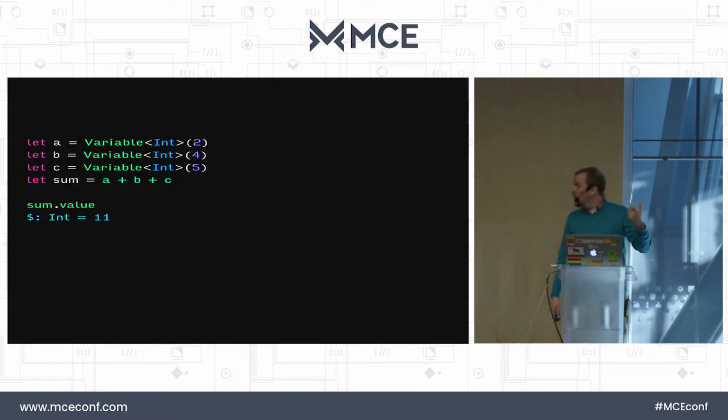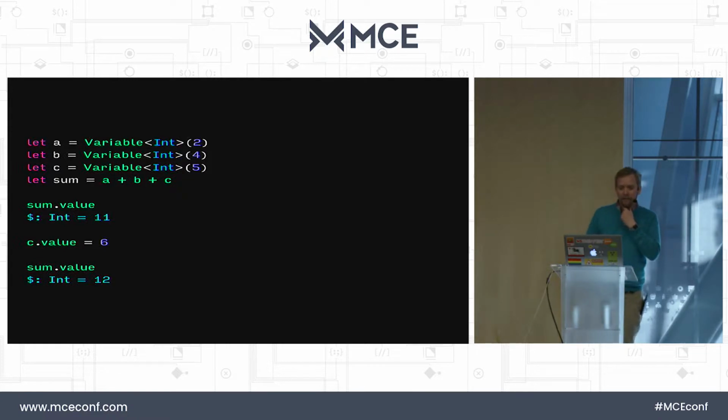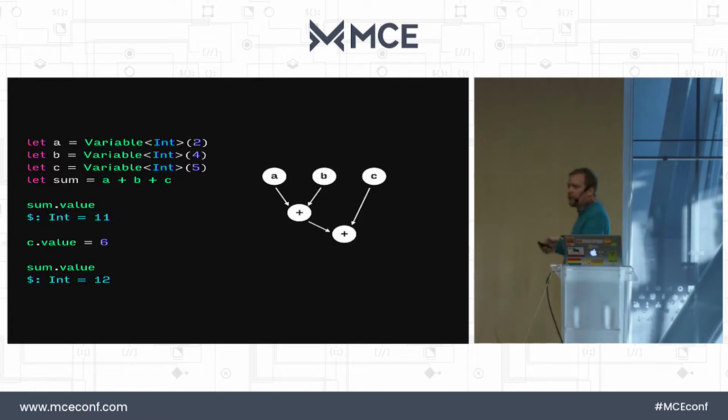If you look at its value, currently it's 2 plus 4 plus 5, that's 11. But if we change one of the variables to a different value, the sum will follow accordingly. All right? So simple, I think. What we are really doing is building a dependency graph so that we know what to update whenever something changes.